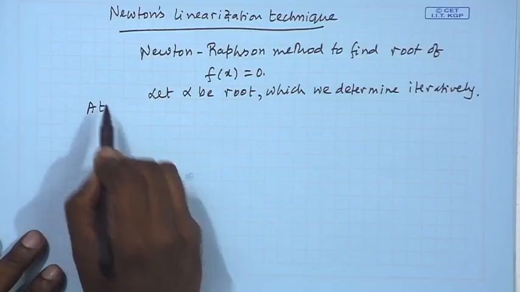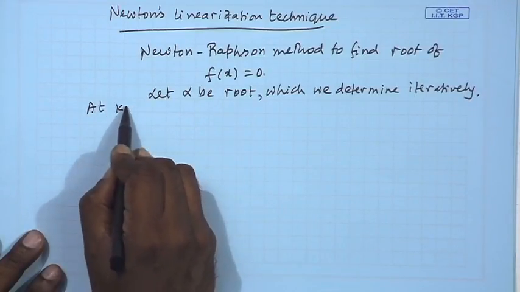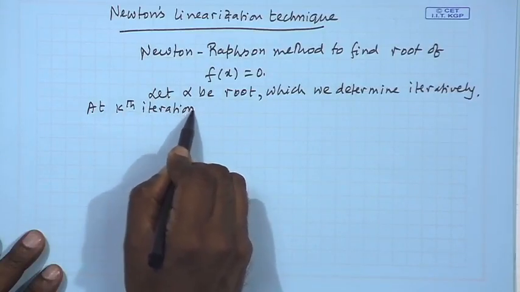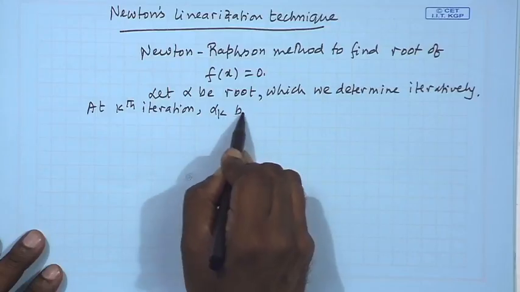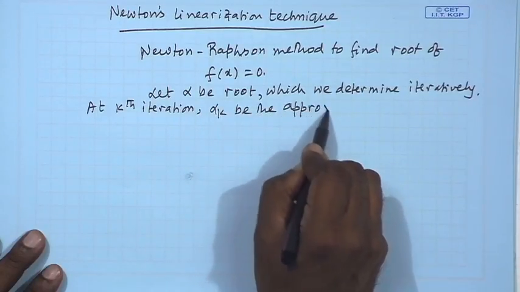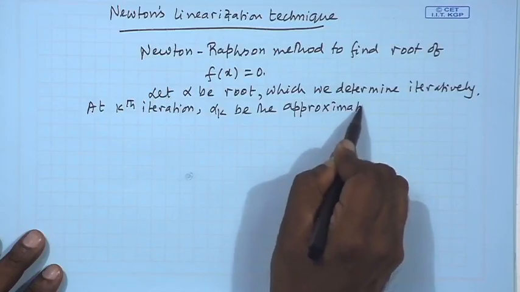At the kth iteration, let alpha k be the approximation of alpha.